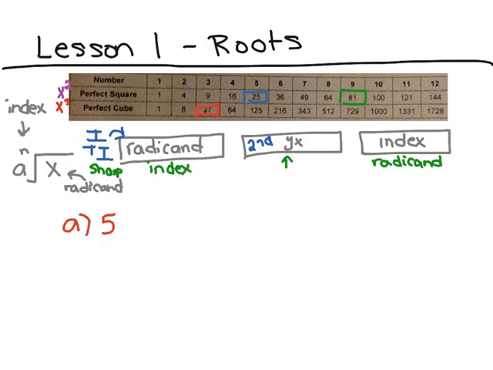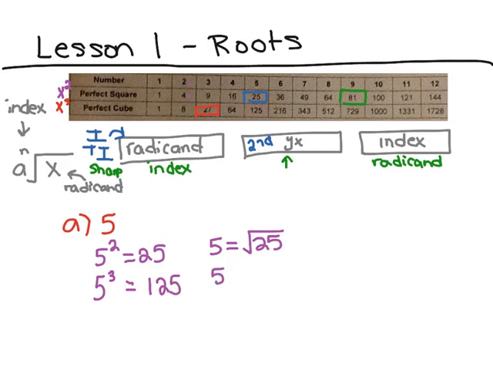So for the next example, we want to write 5 as equivalent square, cube, and fourth root numbers. So 5 squared is 25. So we know that 5 is the same as the square root of 25. 5 to the power of 3, so 5 times 5 times 5, is 125.